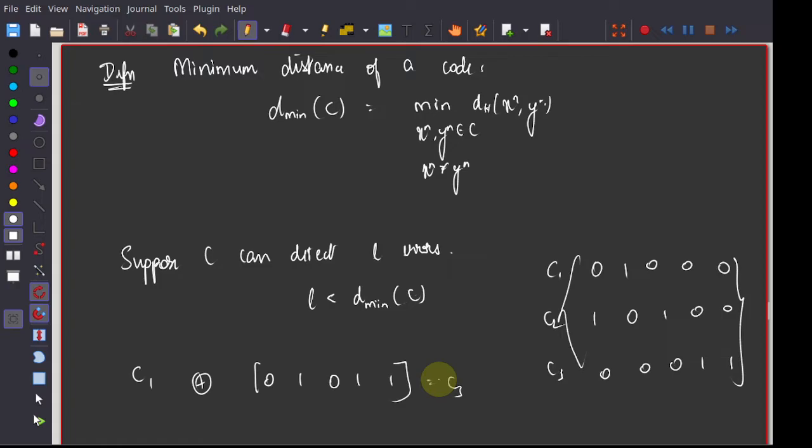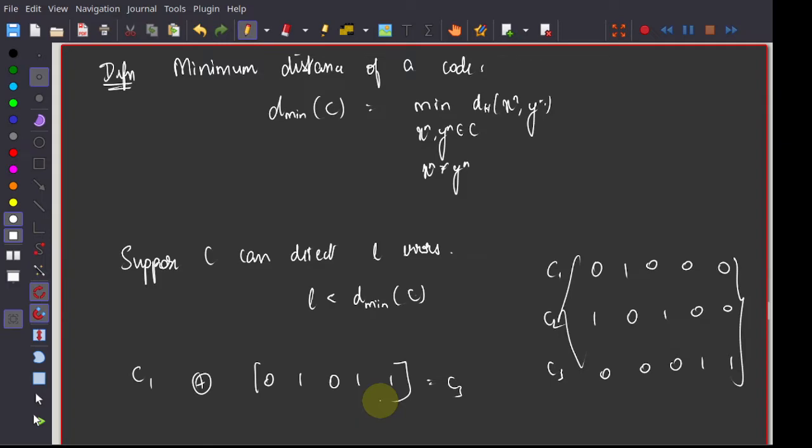So C1 plus this error vector gives you C3. So this error vector cannot be detected. Therefore there is at least one error vector of weight 3 which cannot be detected. So it cannot detect all combinations of 3 errors.